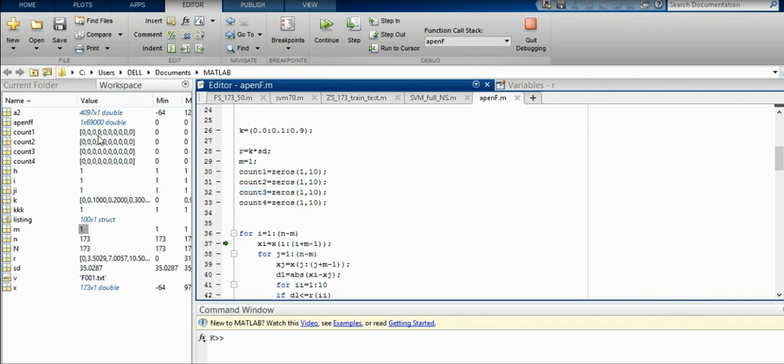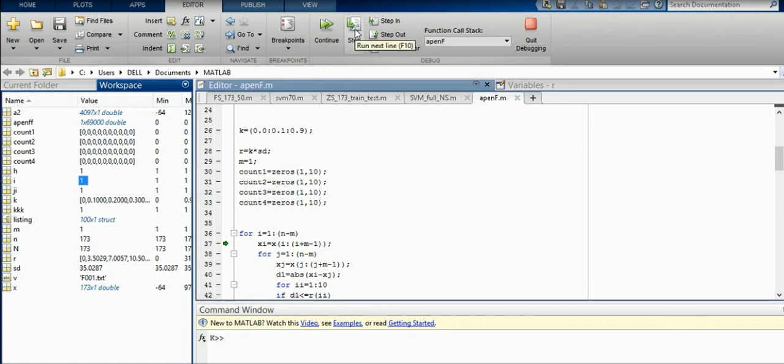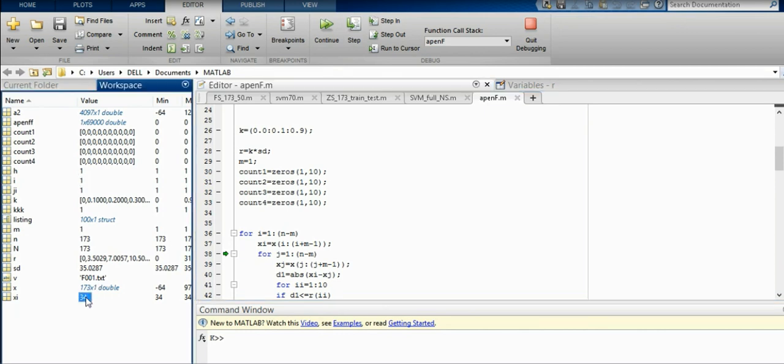Then we call the first value, i equal to 1, in the first frame set. This one frame set contains 173 values, from which we call the first value. So ensure that i is equal to 1, and to call the value this is xi. The first value is 34 for the first frame.